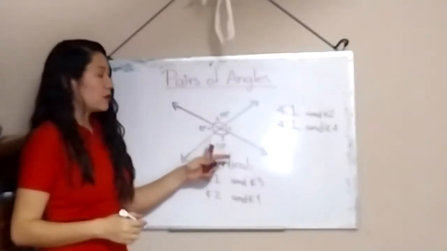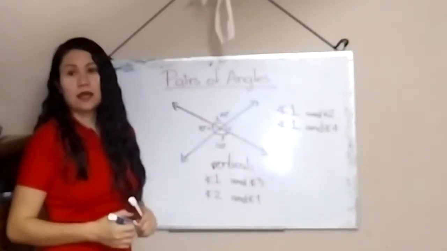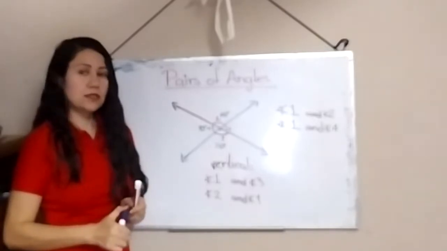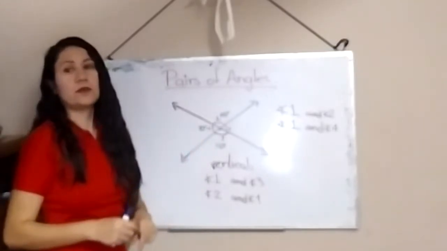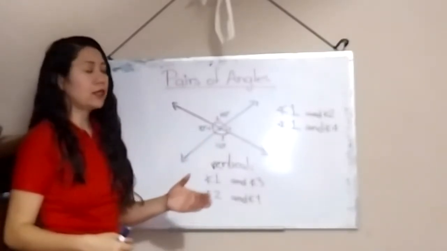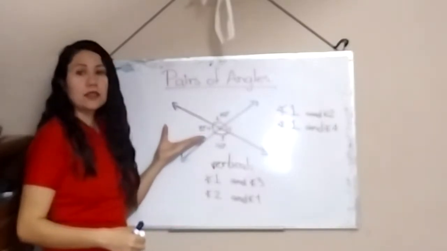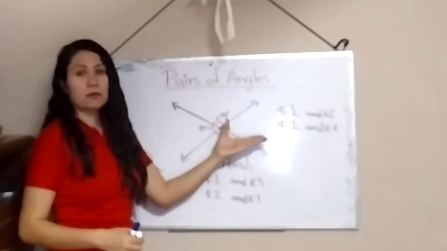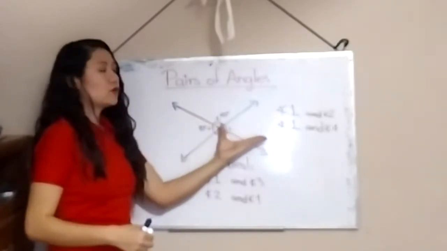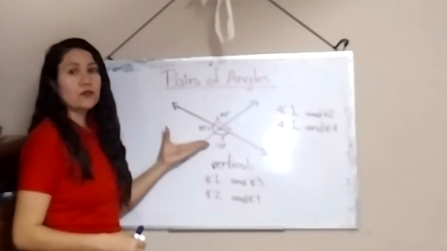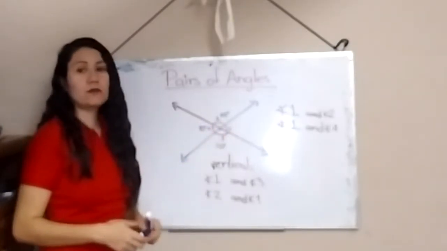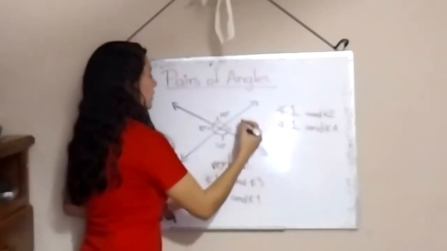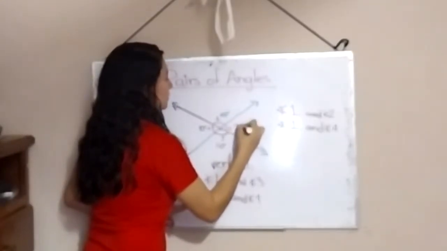So this way we know that angle 4 is 70 degrees. Now, as we were saying before, vertical angles have the same measurement. So, if 2 is a vertical angle to 4, the measurement of 2 is also 70 degrees.